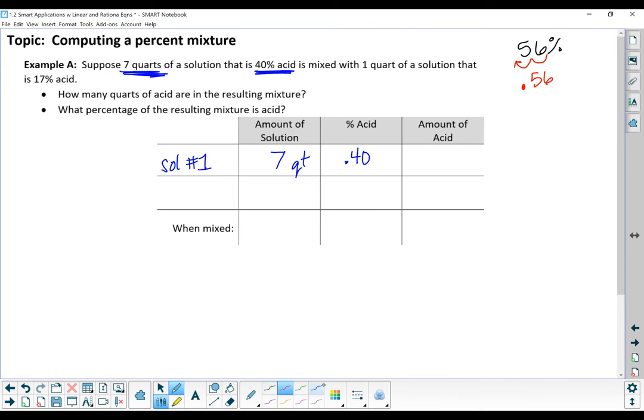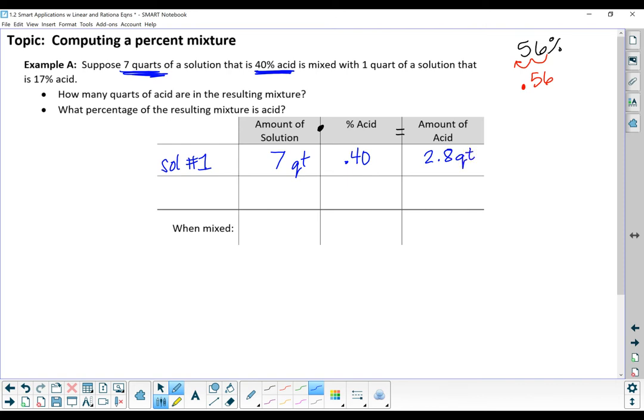So if this mixture is 7 quarts and 40% of that is acid, we can multiply those two together to get the amount of acid in quarts. So 7 times 0.40 gives us 2.8 quarts of acid.